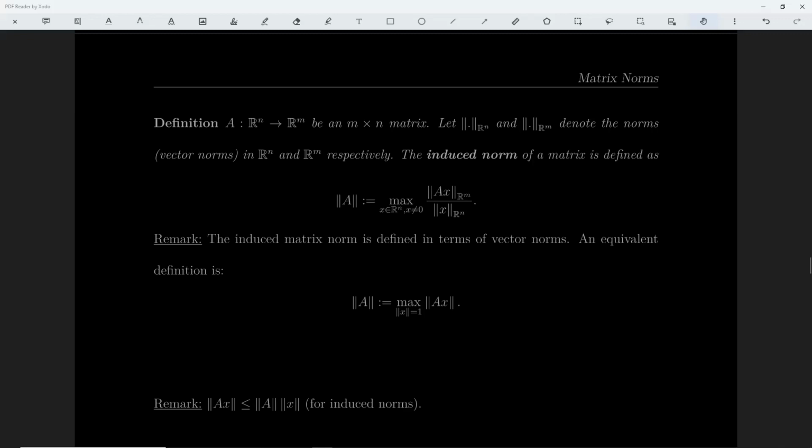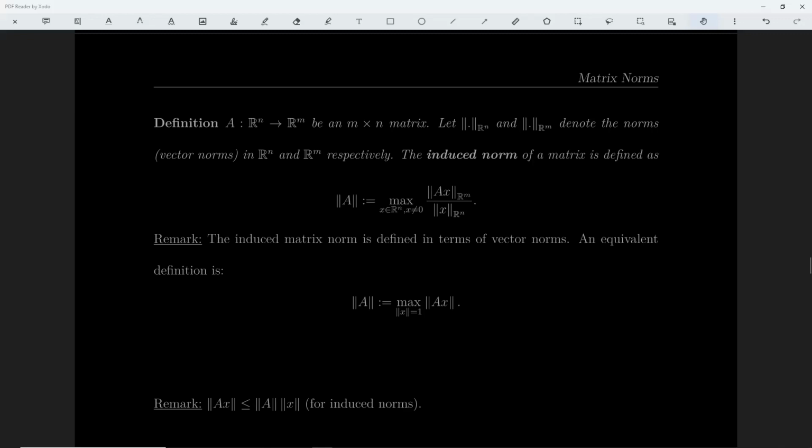Then the induced norm of a matrix is defined as follows: you compute the maximum over all possible vectors x, except x equals 0, of a ratio of two norms, the norm of A times x, which is an m-dimensional vector, divided by the norm of x itself, which is an n-dimensional vector.